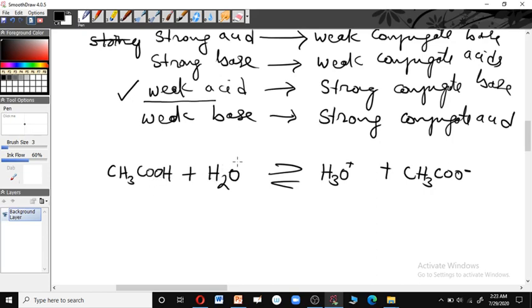This negative charge will go and attack this proton, and this bond will break. Let me write it this way. Suppose you have CH3COOH plus H2O. Since this will attack, this bond will break, and you will get this.